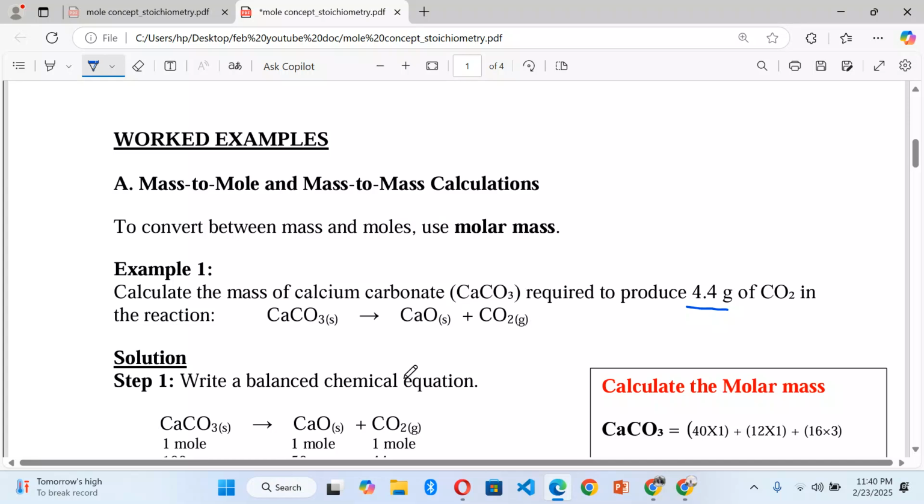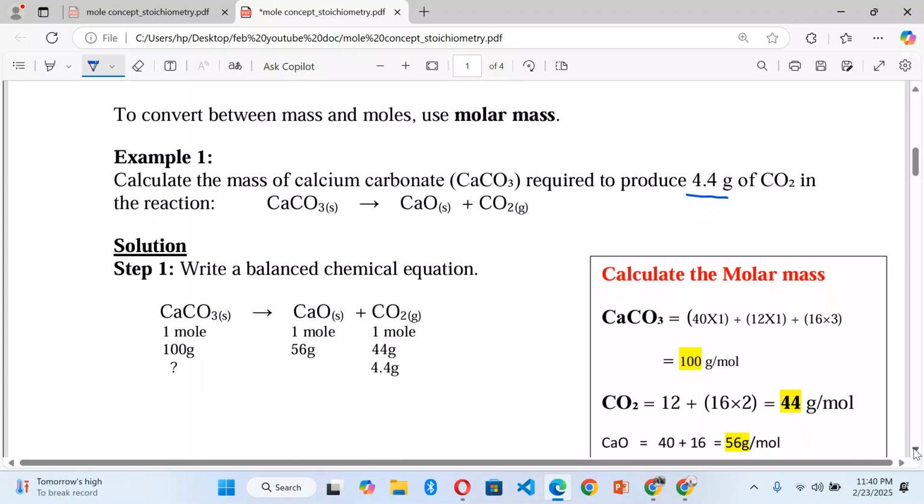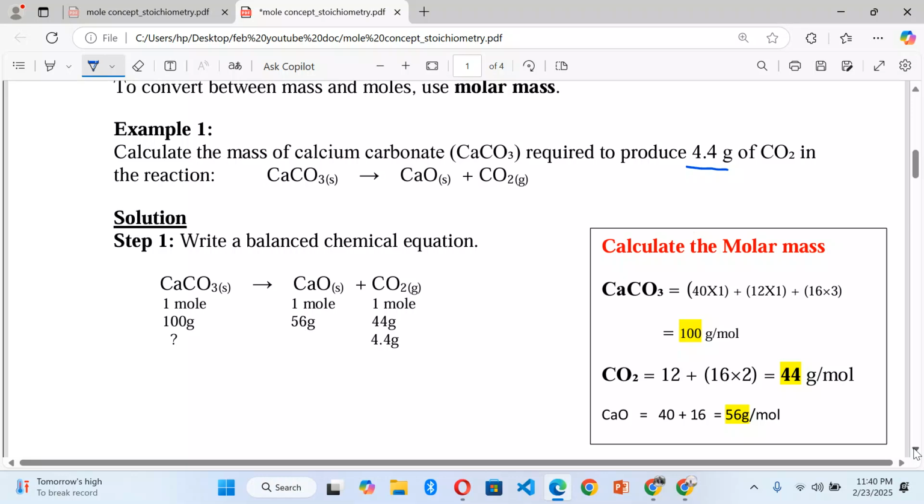Let's look at the solution and see how to begin attempting this question. In the solution, we have only 2 steps to follow. We know how much carbon dioxide is produced, but we don't know the calcium carbonate that decomposed to produce this carbon dioxide gas. So what do we do? The first step is to write a balanced equation.